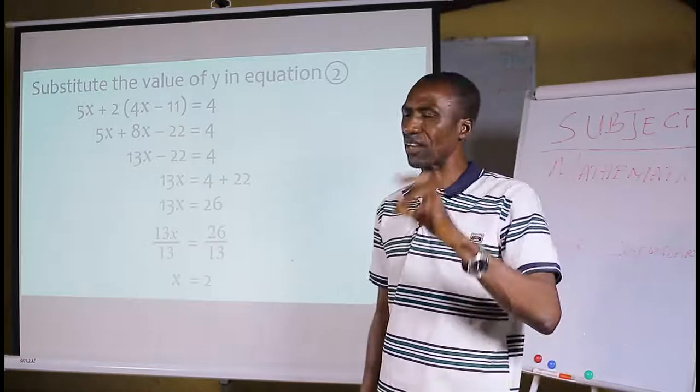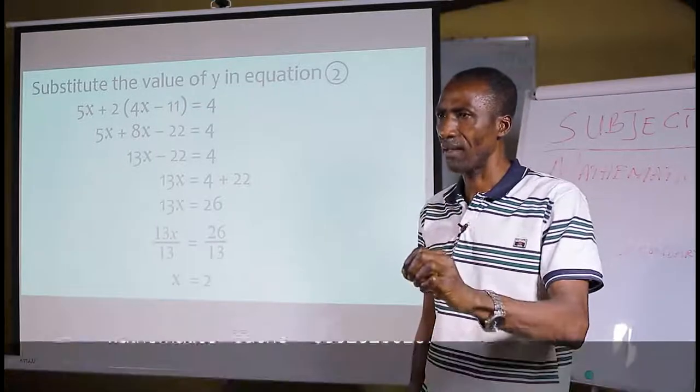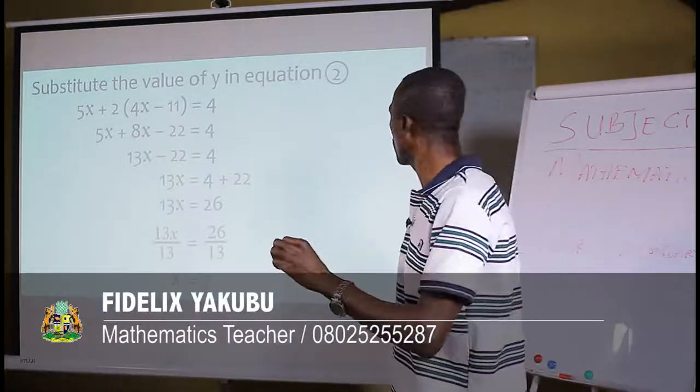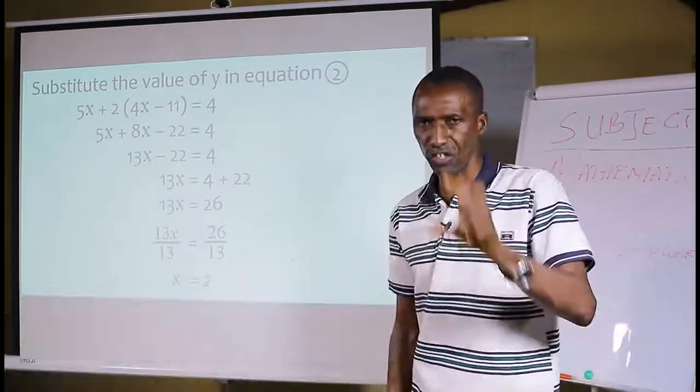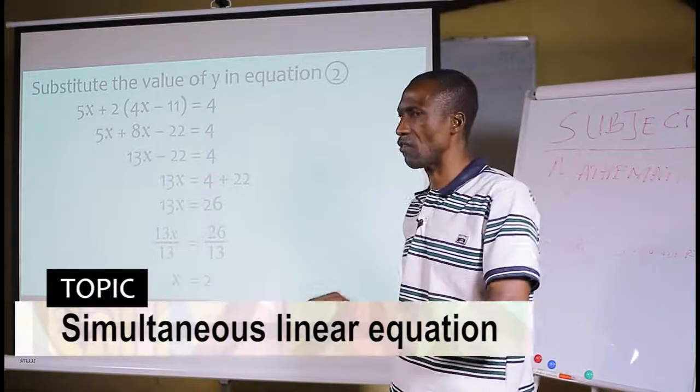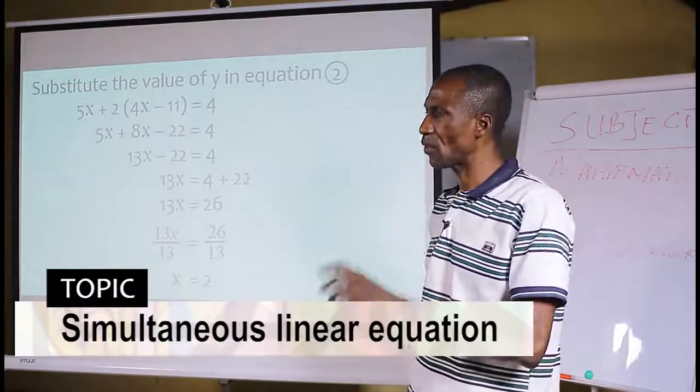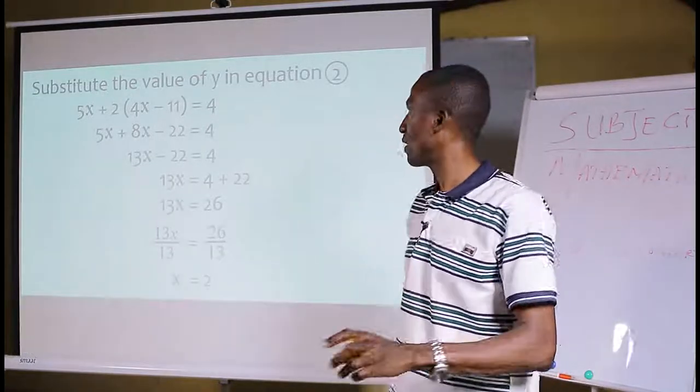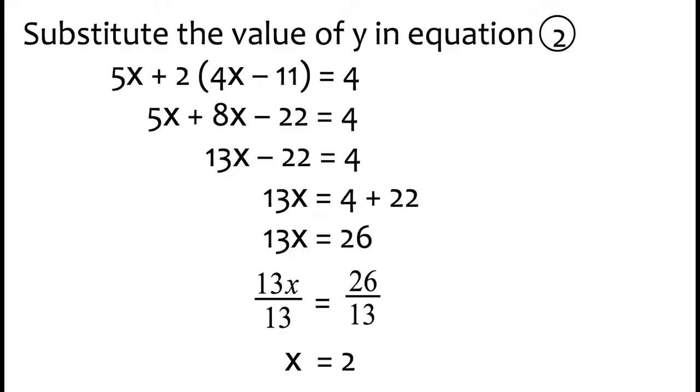Now, we are to substitute the value of y in equation 2 for solving. So, the first term is 5x plus 2y. That becomes plus 2 times the value of y, which is 4x minus 11, then equals 4.